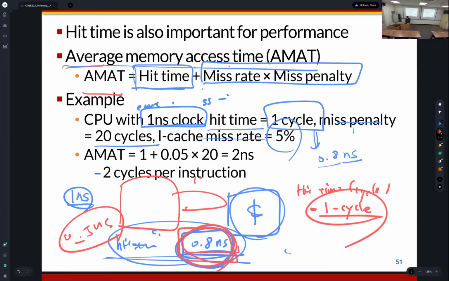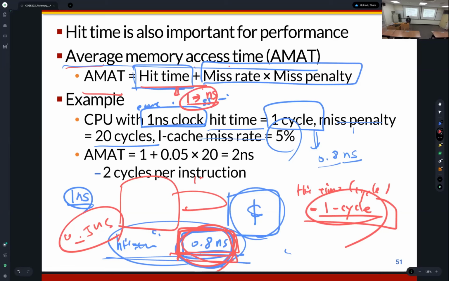So even though the default access latency can be shorter than one clock period, we need to think that for this case, the processor consumes one cycle. Which means the hit time is equivalent to 1 nanosecond.